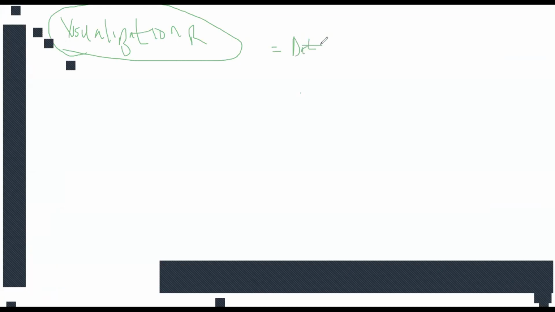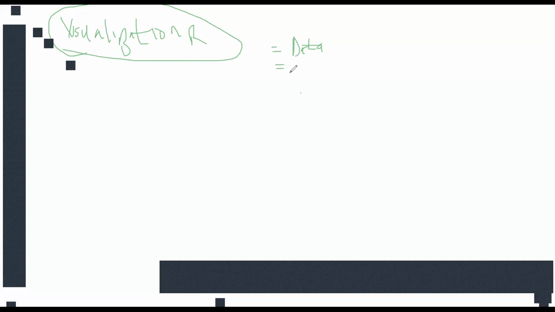So for you to do your visualization in R, there are what are called layers that govern this principle. So the very first one is your data. You need to specify the data sets you're going to be using.